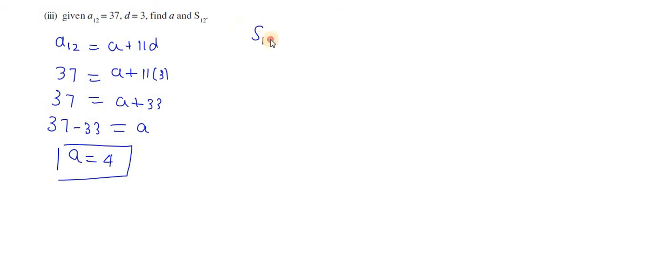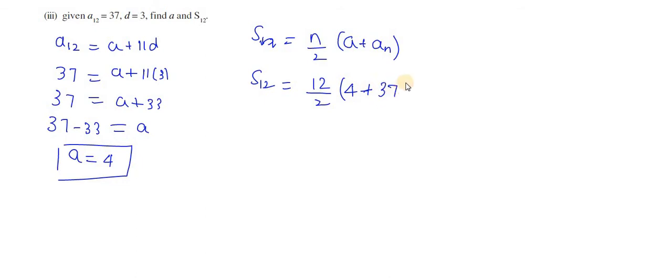We know that Sn is equal to n by 2 into a plus an, or a plus l. So S12 is equal to 12 by 2 into a plus an, where the a value is 4 and the an value is 37.